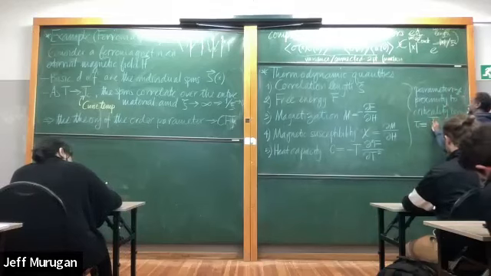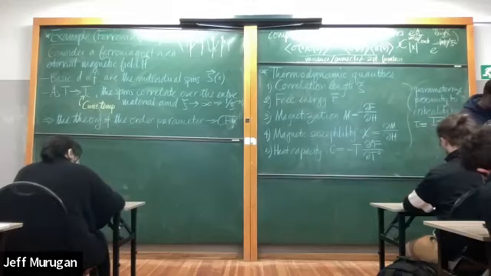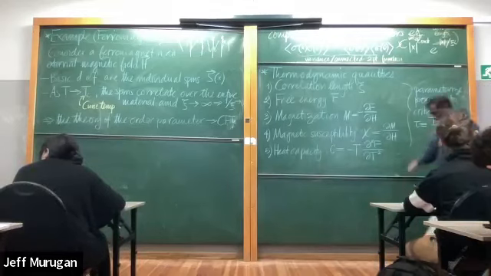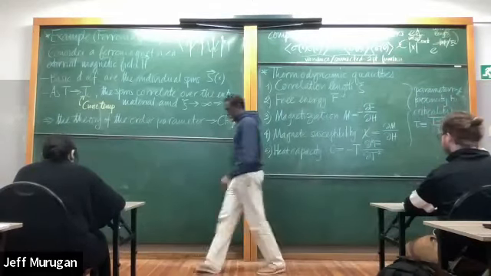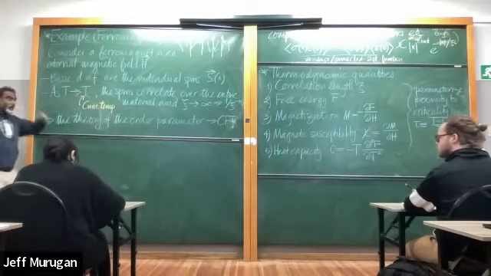Tau is defined as T minus T critical over T critical.